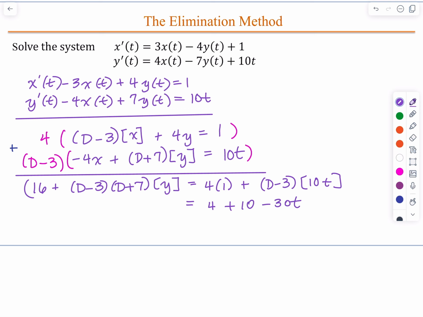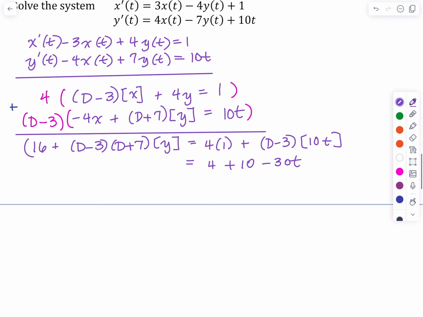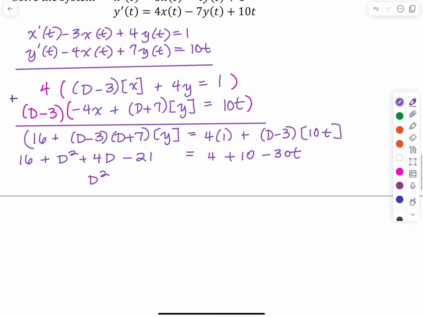30t. And let's simplify this left-hand side. So we have 16 plus d squared plus 4d minus 21, and that comes out to d squared plus 4d minus 5.